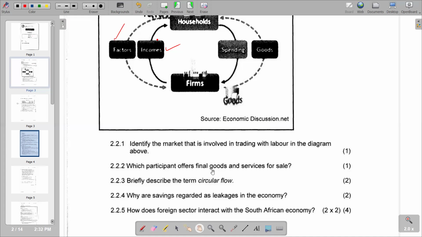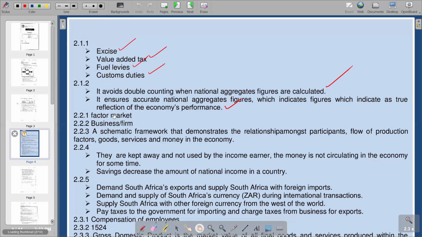And obviously, there is an exchange of goods and services and also money between the participants. So basically, that's what we mean by circular flow. But we have the description in our answer section, whereby it reads: for the explanation of circular flow, it is a schematic framework that demonstrates the relationship amongst participants, and we are talking about the flow of production factors, goods, services, and money in the economy. So basically, this is the description that we have.